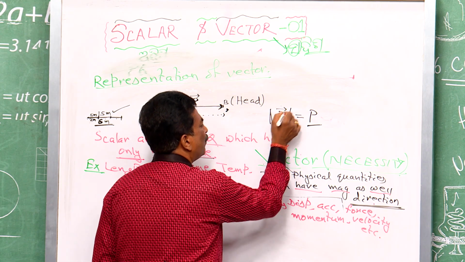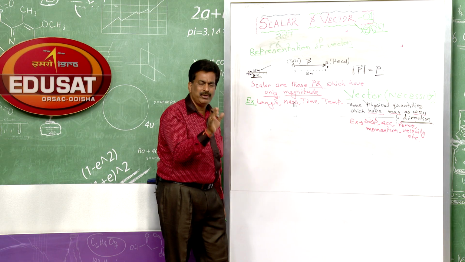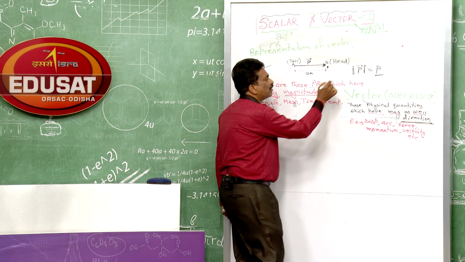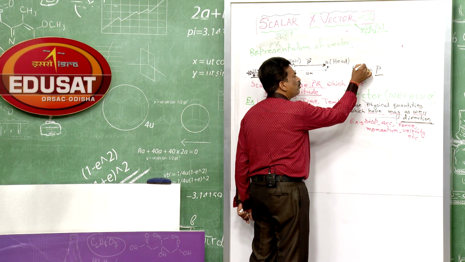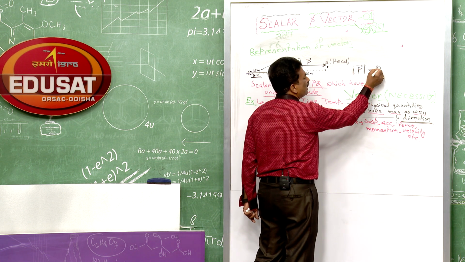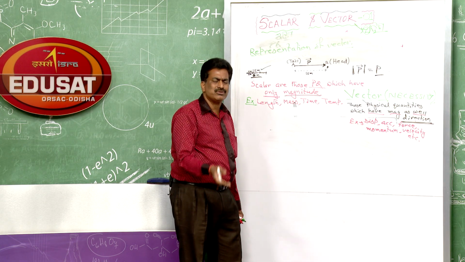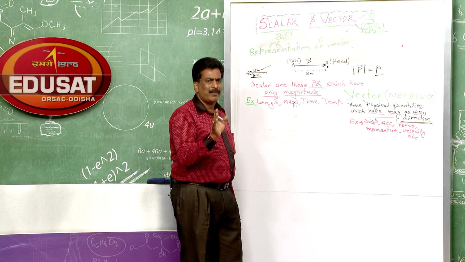The proper way to use that symbol is that the vector's modulus is its magnitude. But generally we say that P is the part of the vector which is its magnitude. Are you clear? That is the magnitude.